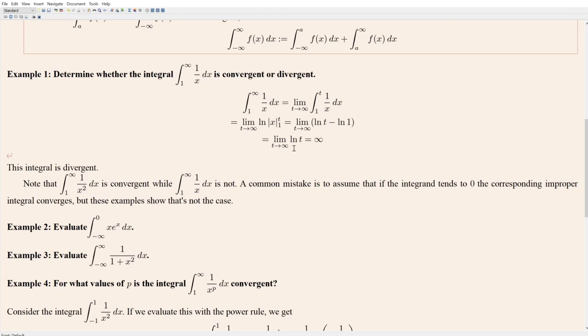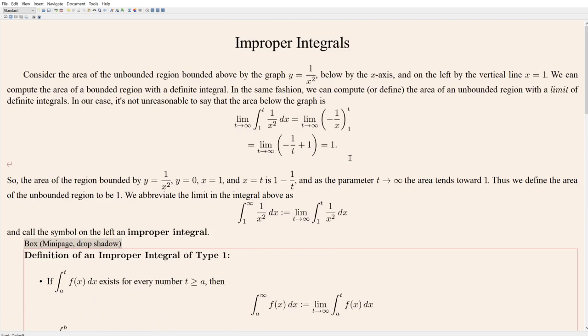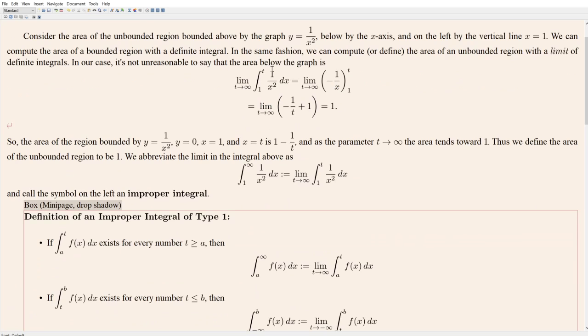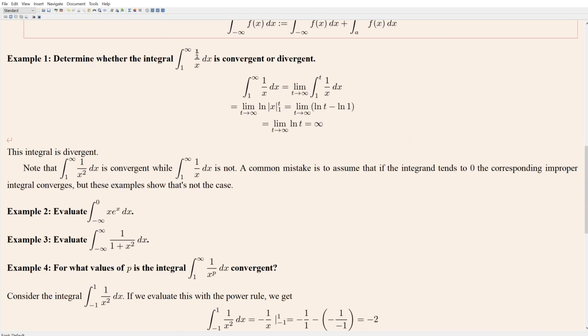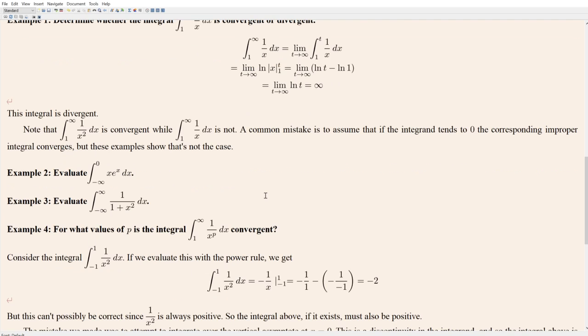So, notice that when we did our first example up here, the integral of 1 over x squared, we got a convergent integral. It ended up being 1. Whereas when we are integrating 1 over x, the only difference being that there is no square here, it ended up being divergent. A common mistake that I have seen is for people to just assume that because the integrand is tending to 0, then the improper integral must exist.